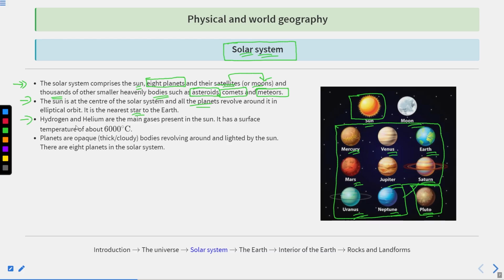Hydrogen and helium are the main gases present in the Sun, and it has a surface temperature of about 6,000 degrees Celsius. So the Sun is that heated up. And the center temperature is nearly 15 lakh degrees Celsius. That much.